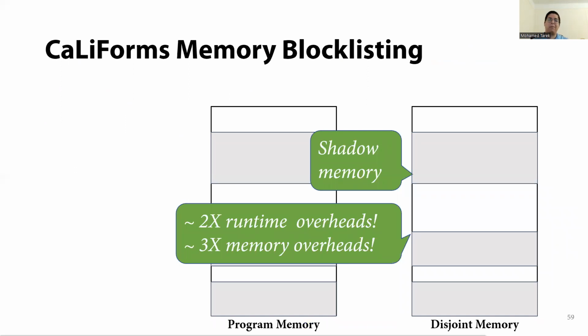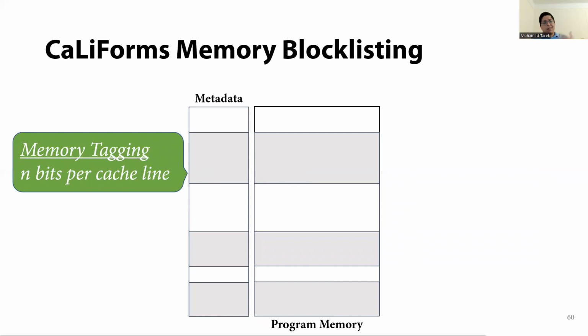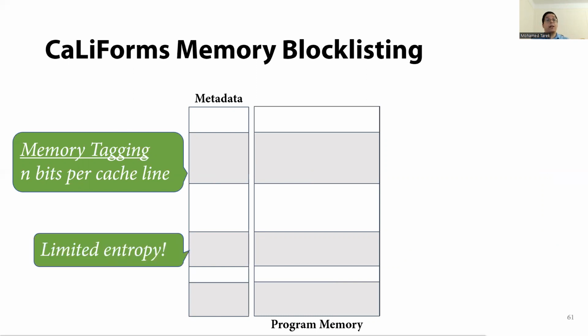That can lead to high memory and performance overheads. Alternatively, memory tagging extends the width of memory locations to fit a tag or color in which they can store the needed metadata. For example, SPARC's ADI uses 4-bit tags per every cache line, and ARM's MTE uses 4-bit tags per each 16 bytes in memory. Unfortunately, this solution is limited by the size of the tag.